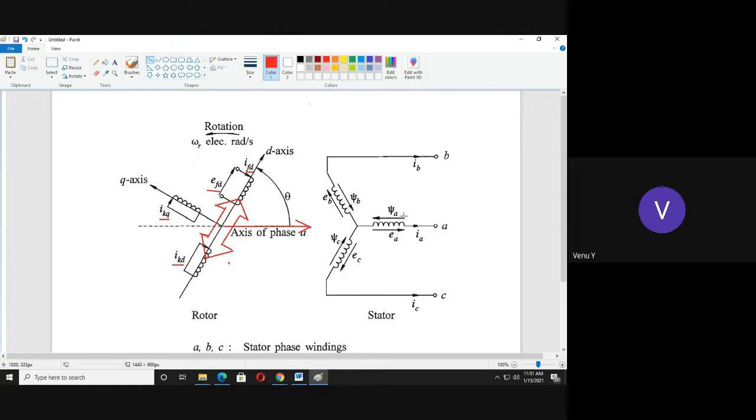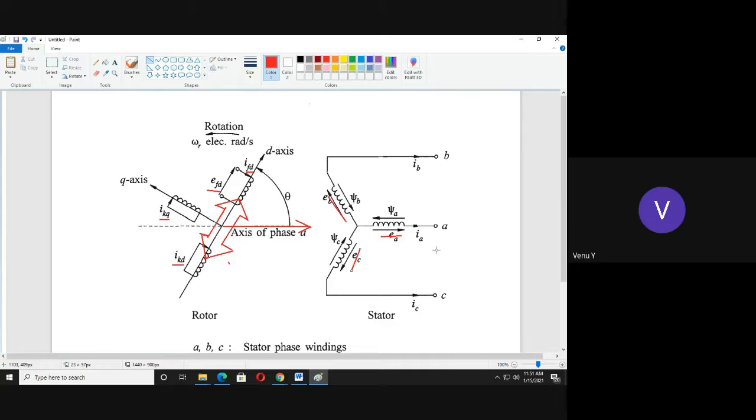On the stator side, phase A, phase B, and phase C, 3 windings are there. Previously, we have seen only one winding in the primary and one winding in the secondary, the coupled circuits. When the current flows through the primary winding and also in the secondary winding, what are the self and mutual inductances between the two coupled coils?